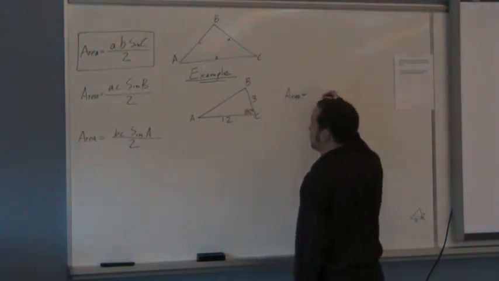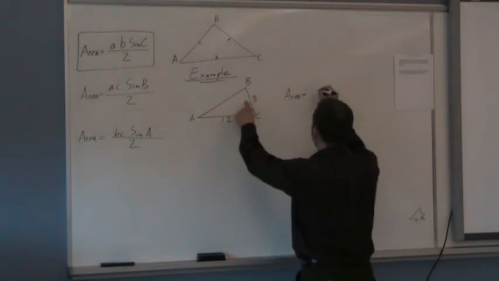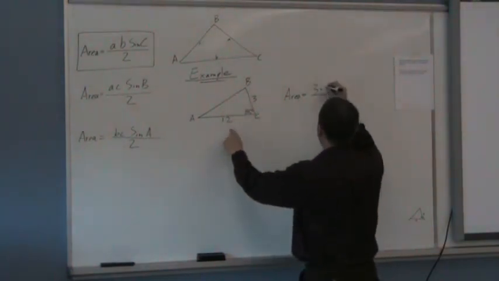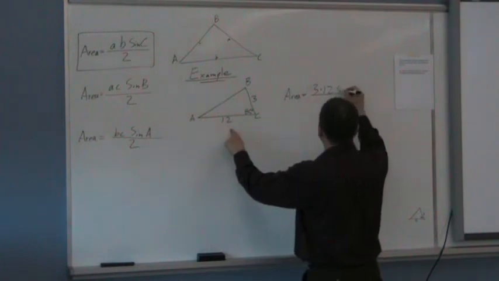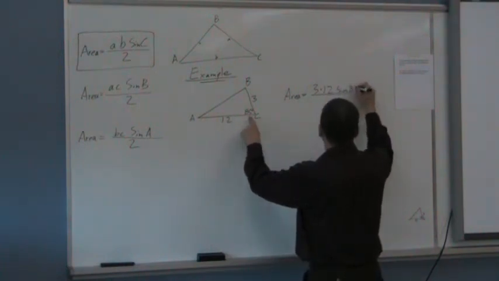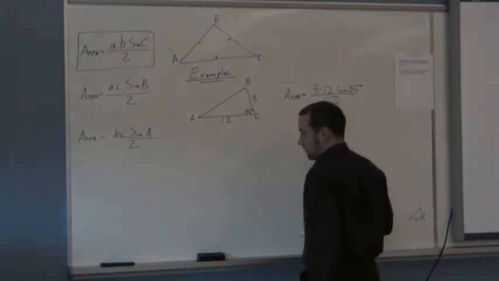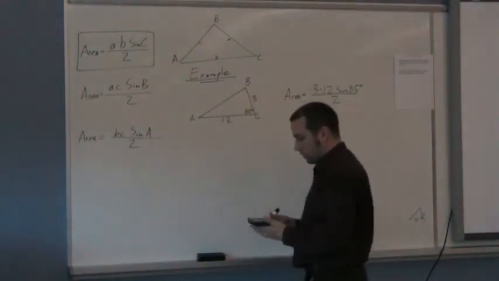Area equals A is 3, B is 12 times the sine of my angle, which is 85 degrees, all divided by 2. You can put that into your calculator.